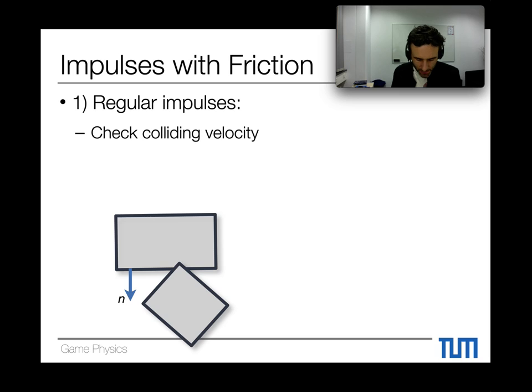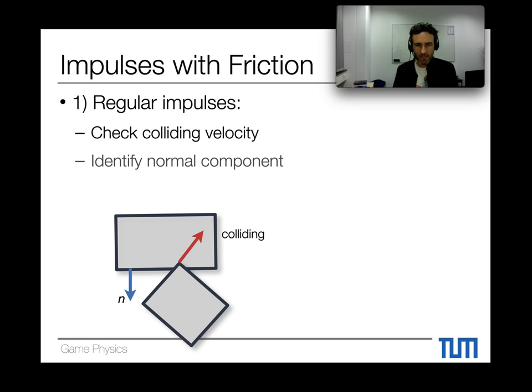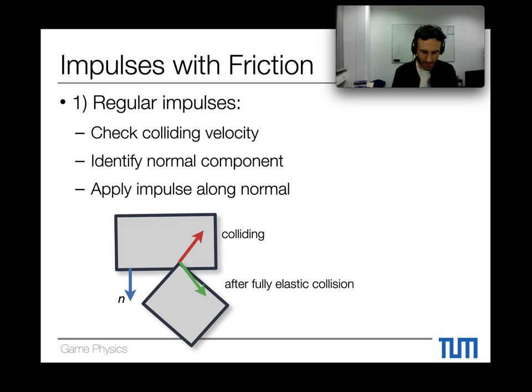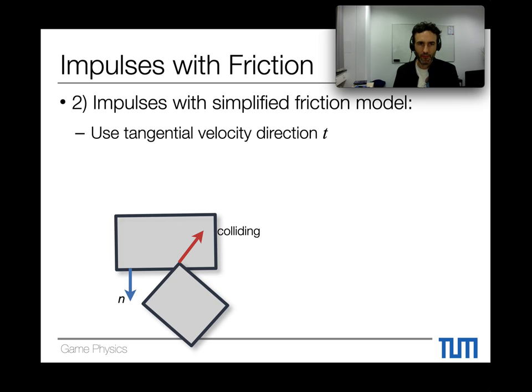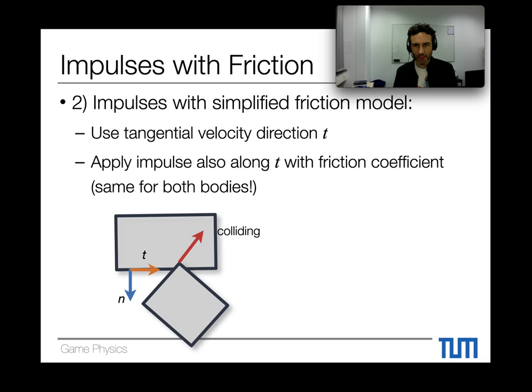So what we can do is apply a normal impulse along the normal direction, and then we can, in addition, look at the tangential component and tweak the impulse to take into account how the objects moved along this tangential plane relative to each other.